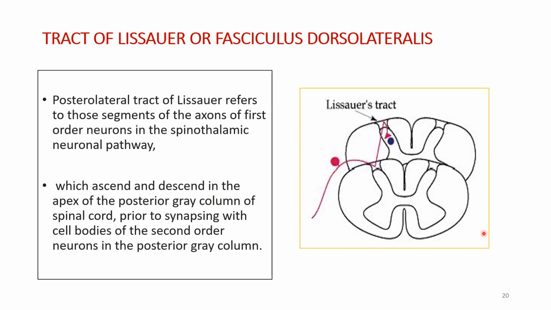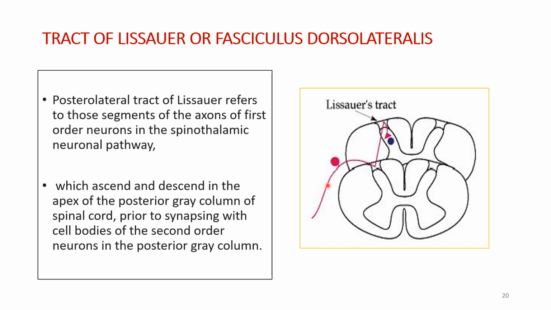Tract of Lissauer or fasciculus dorsolateralis. So this is Lissauer's tract. The posterolateral tract of Lissauer refers to those segments of the axons of first order neurons in the spinothalamic pathway which ascend and descend in the apex of the posterior gray column of the spinal cord prior to synapsing with the cell bodies of the second order neurons in the posterior gray column.